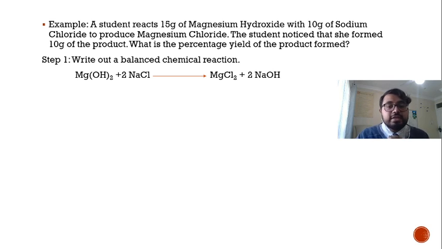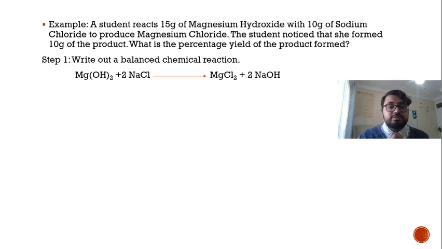Let's look at that quickly and see if it's balanced. We have one magnesium on the reagent side and one magnesium on the product side. We have two hydroxides on the reagent side, and we have two hydroxides on the product side.